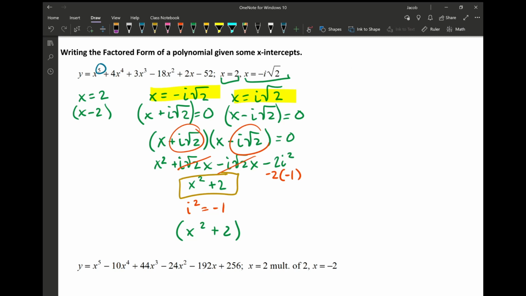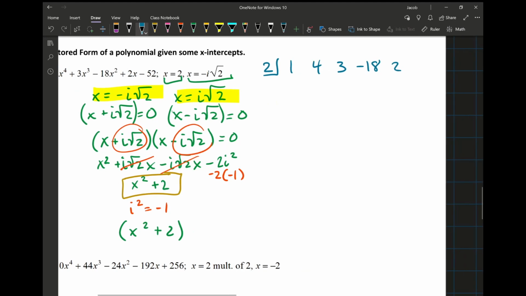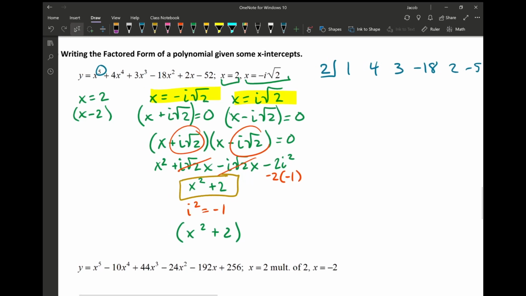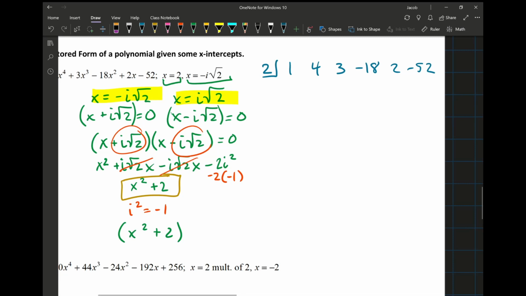We could use synthetic division for x minus 2, we could start this off 2, 1, 4, 3, negative 18, 2, and negative 52. We could do that, but I already know that I'm going to have to use long division for this x squared plus 2 in order to divide that out of this polynomial. So I'm going to go ahead and just use long division.